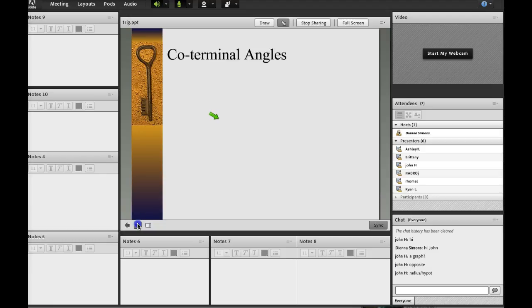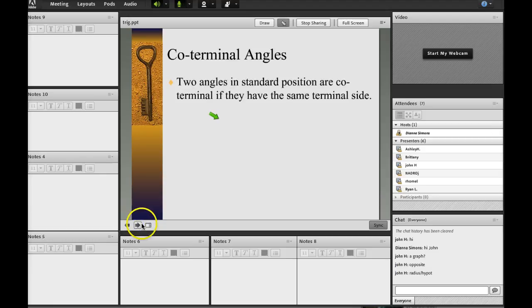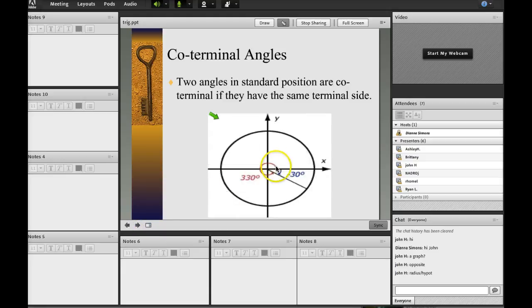All right. Coterminal angles. These are two angles in a standard position, and they have the same terminal side. So if I went this way, counterclockwise, I have an angle of 330 degrees, and if I go this way, I have negative 30. These two angles are coterminal because they have the same terminal side.